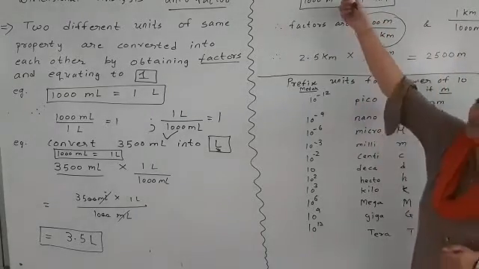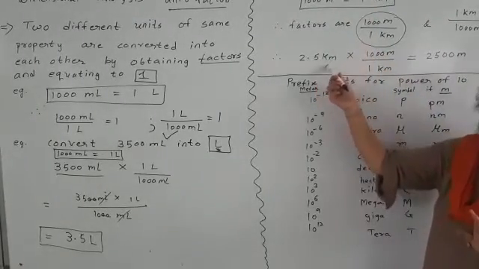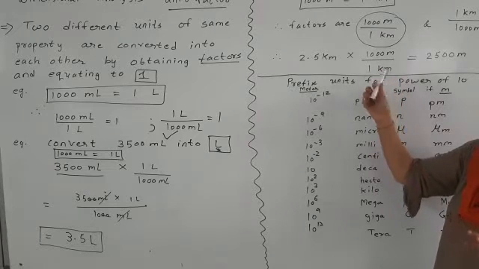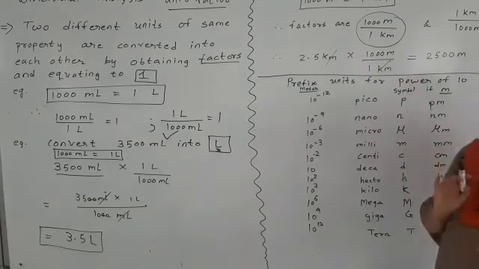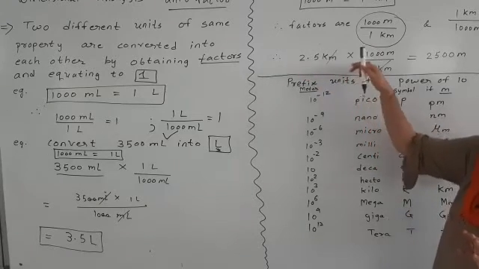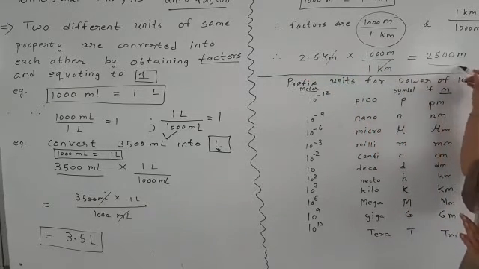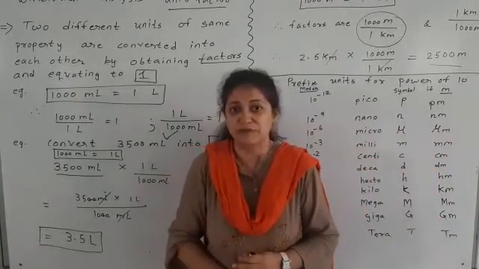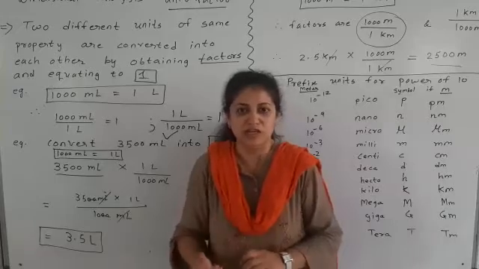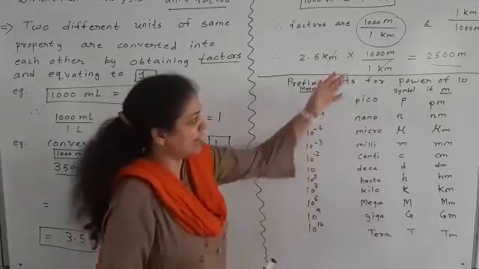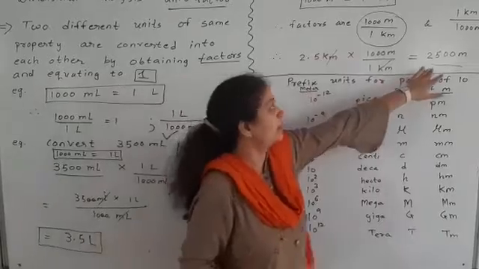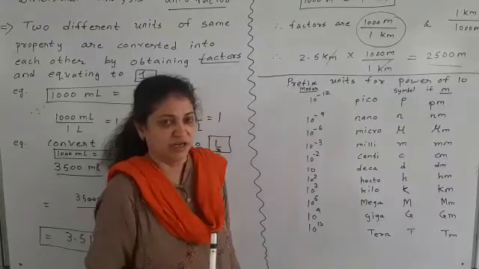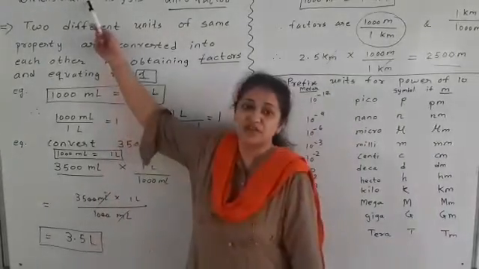The given entity 2.5 kilometer I have written as it is, into the selected factor 1000 meter upon 1 kilometer. Kilometer and kilometer cancel out. So 2.5 into 1000 meters becomes 2500 meters. This way, by selecting the appropriate factor, you can convert one unit into another and the value remains the same. 2500 meter is 2.5 kilometers, but we have just changed its unit. This process is called dimensional analysis.